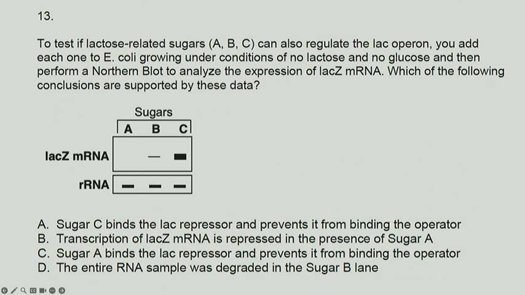Starting with A, sugar C binds the lac repressor and prevents it from binding the operator. Does this data support that? Do we get mRNA with sugar C? Yes. So do you think sugar C is binding the lac repressor?